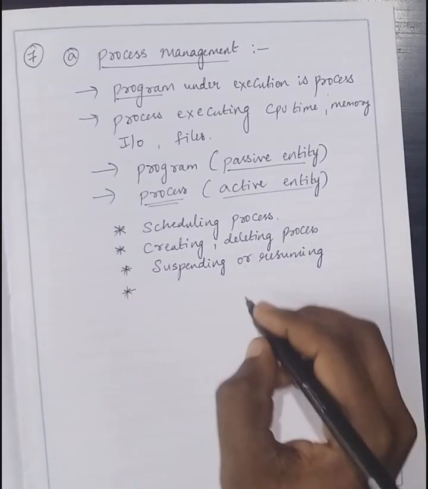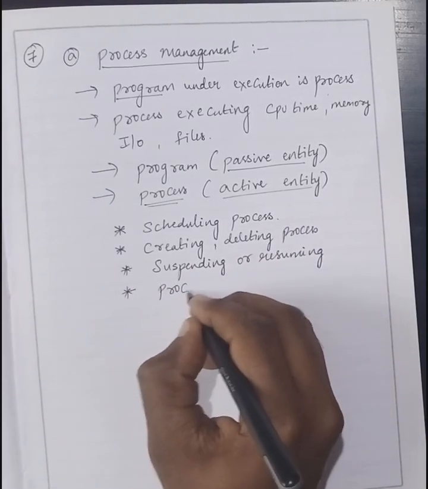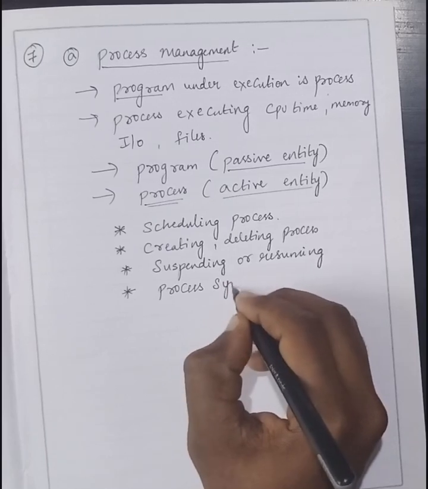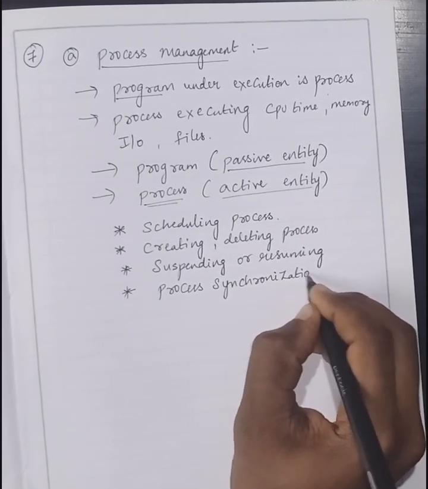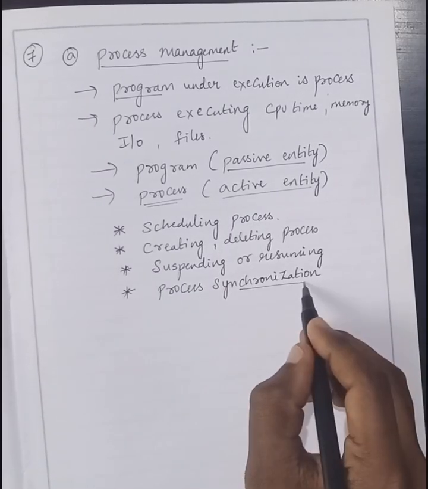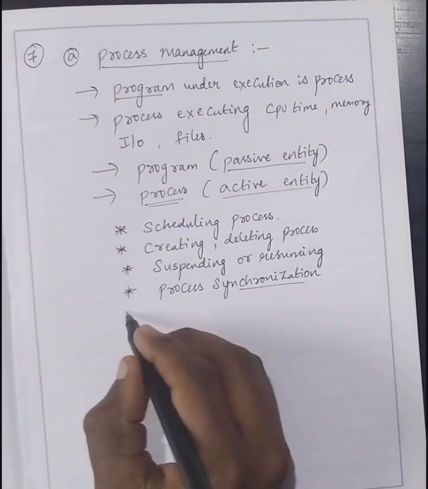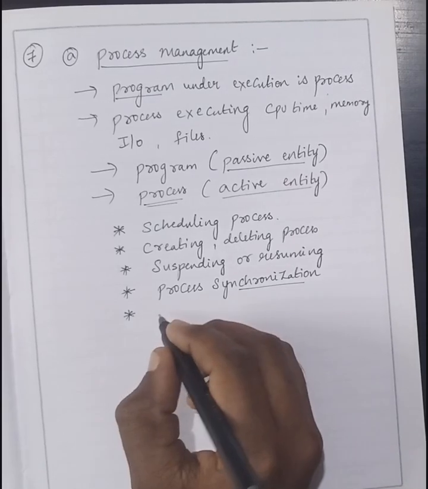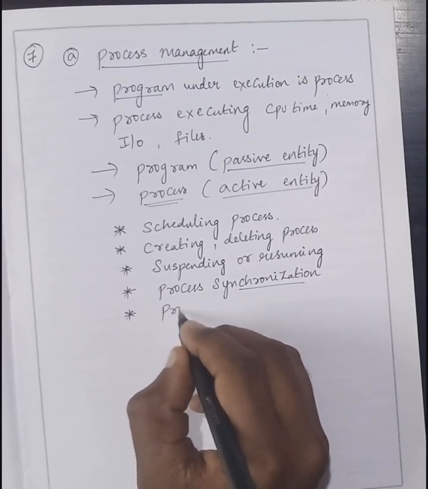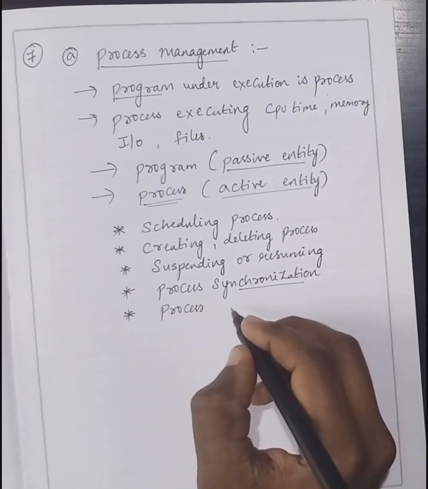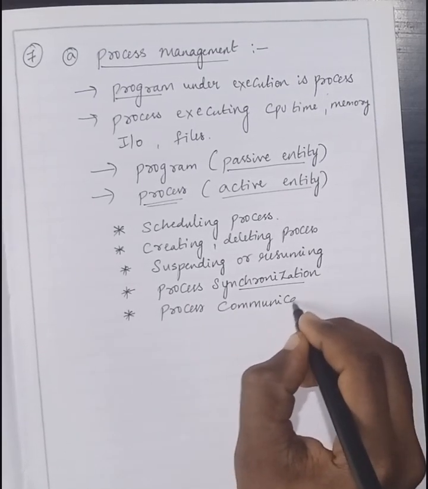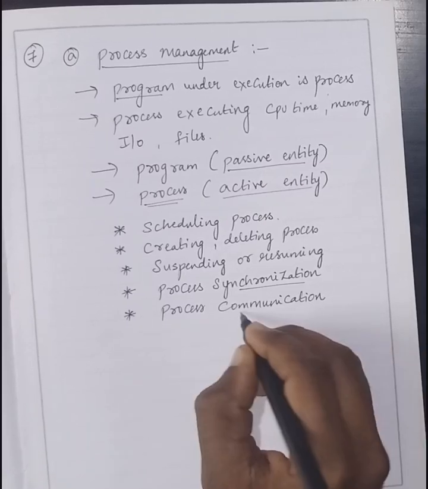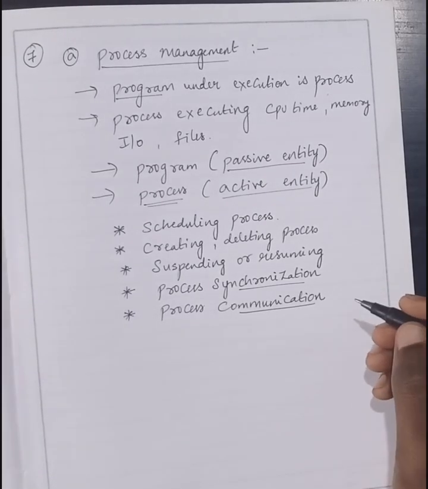Then there is process synchronization. If one process needs some data from another process, it needs to wait for that process, which is called process synchronization. The last one is process communication: if one process wants to share data with another process, communication is nothing but sharing data between processes.